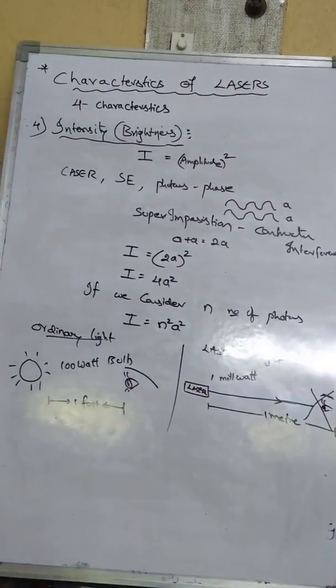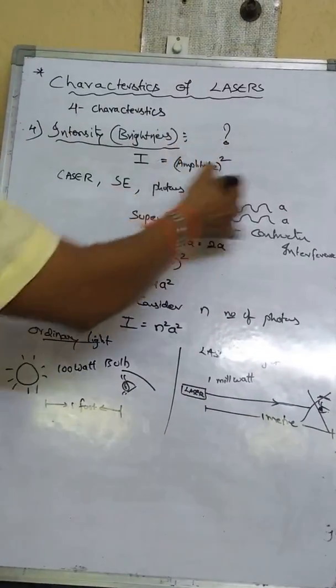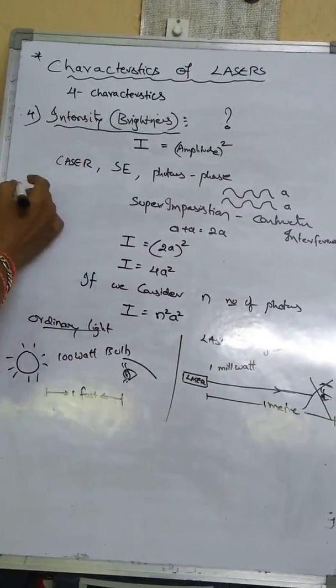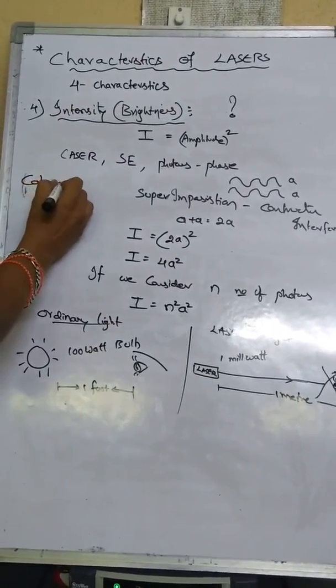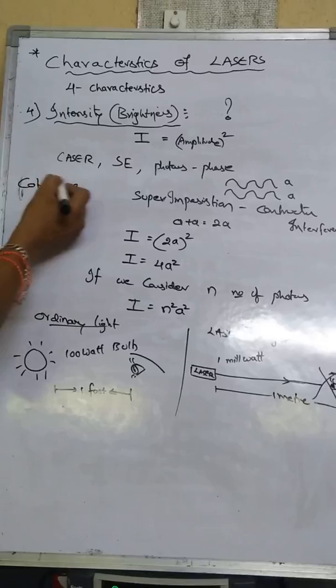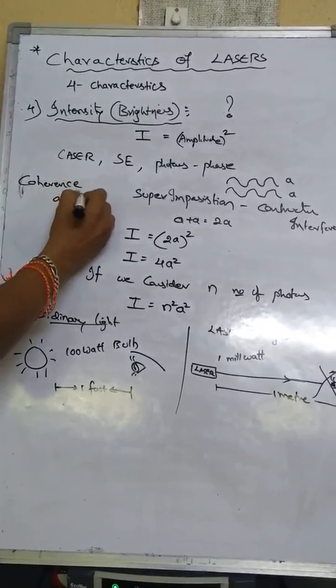So these are the 4 parameters, and then there is the question: why the intensity? This intensity is due to the coherence, and due to the coherence the amplitudes are summing up.